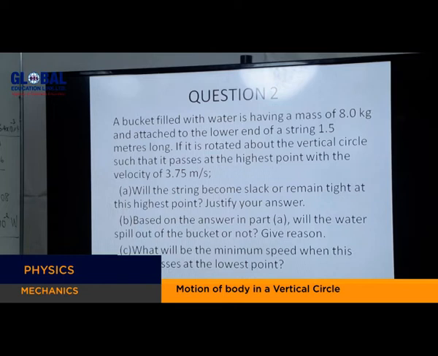What will be the minimum speed when the bucket passes at the lowest point?